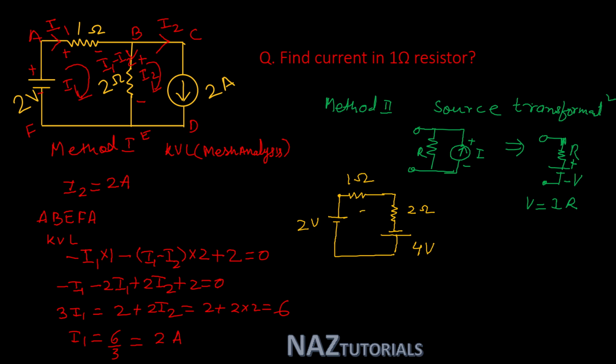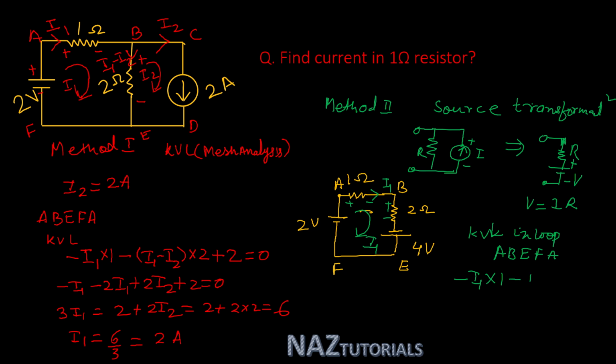So you can say this is point A, this is point B, this is point E, and this is point F. If you see this circuit, there is a loop current I1. Now apply KVL in the loop A, B, E, F, A. This is minus I1 into 1, there is a fall in voltage.